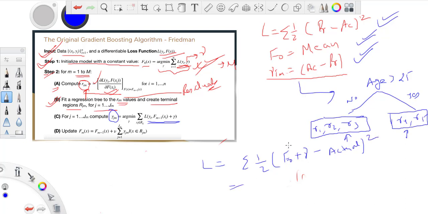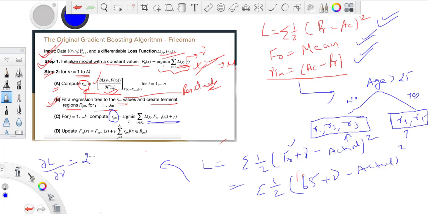This f naught is constant, so let's say this is 65 for example, plus gamma minus actual values, squared. Let's differentiate this, del L by del gamma. I will get 2 times 1 by 2 summation of 65 plus gamma minus actual values, and I can cancel out these two.